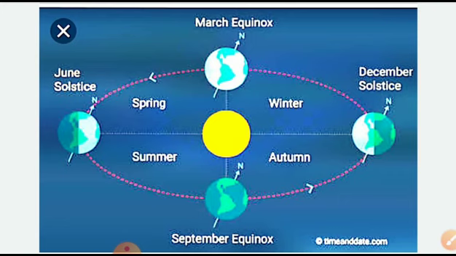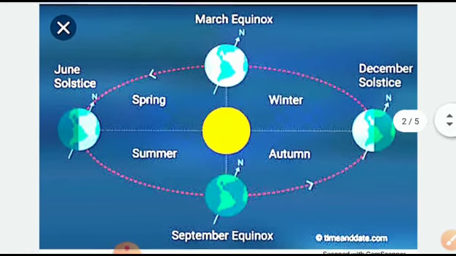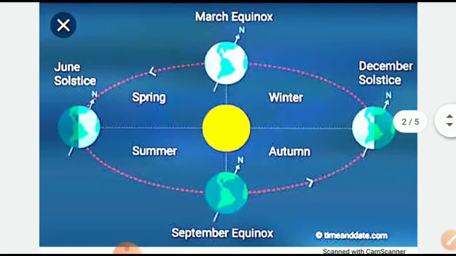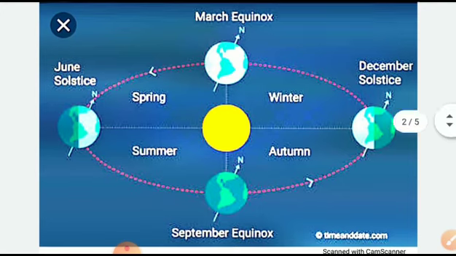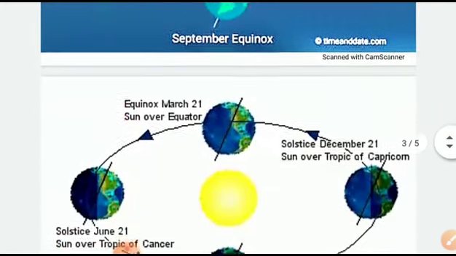In December we have the winter season in the northern hemisphere, that is December, January, February, whereas in the southern hemisphere December, January, February are the summer season. In this way we have the different seasons. So you can see the equinox takes place when Earth is nearer to the Sun and the solstice takes place when Earth is farthest from the Sun. Let us proceed to the next page.